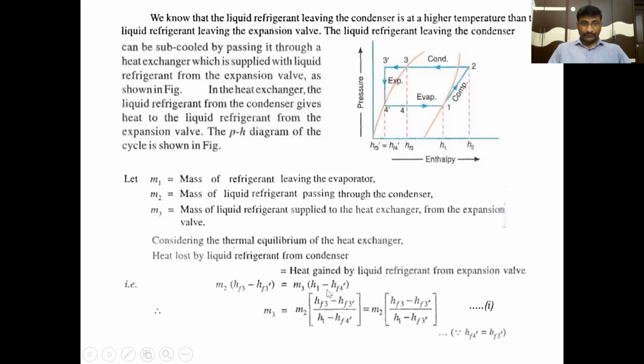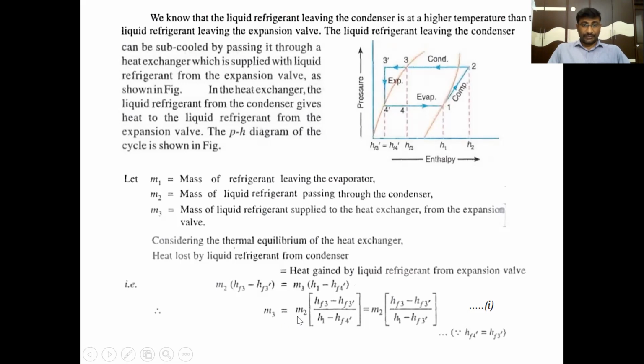And M3 into H1 minus HF4 dash is the amount of heat gained by the liquid refrigerant. Here, at this point, liquid refrigerant is converted into vapor during the heat exchanging process. That's why we are taking this M3. M3 is the total amount of refrigerant which is diverted towards the heat exchanger.